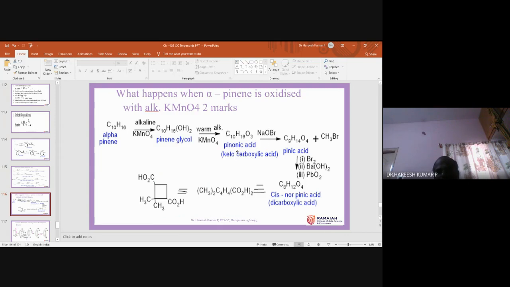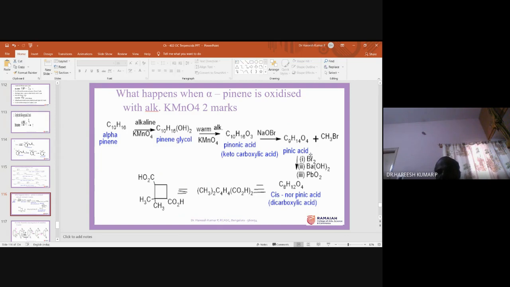This ketocarboxylic acid is treated with sodium hypobromite. If a methyl ketone is there, it will go out as chloroform or bromoform. So the dicarboxylic acid is obtained, and on bromination the alpha position of the carboxylic group is brominated. When it is treated with barium hydroxide, it undergoes dehydrohalogenation, meaning formation of a double bond.